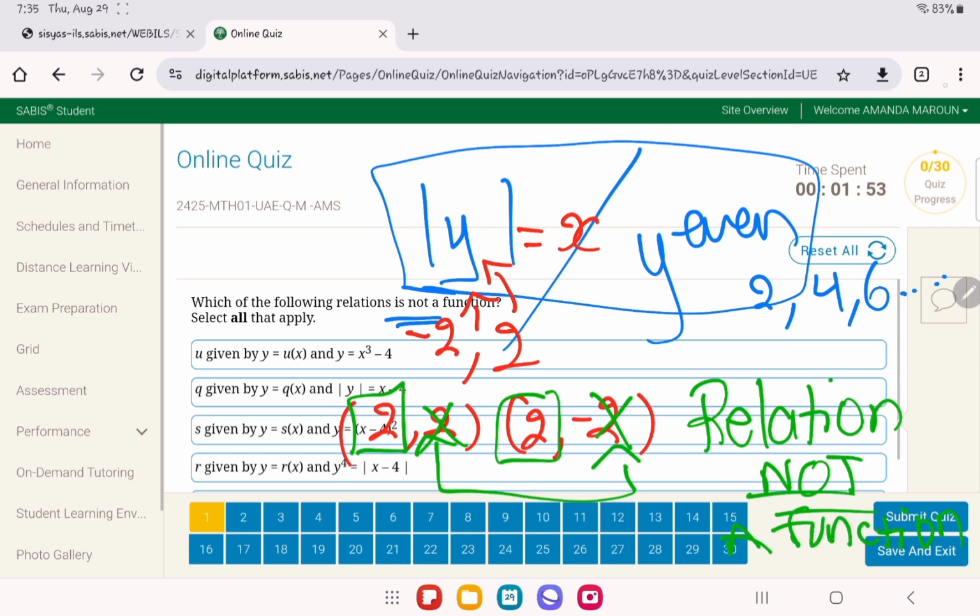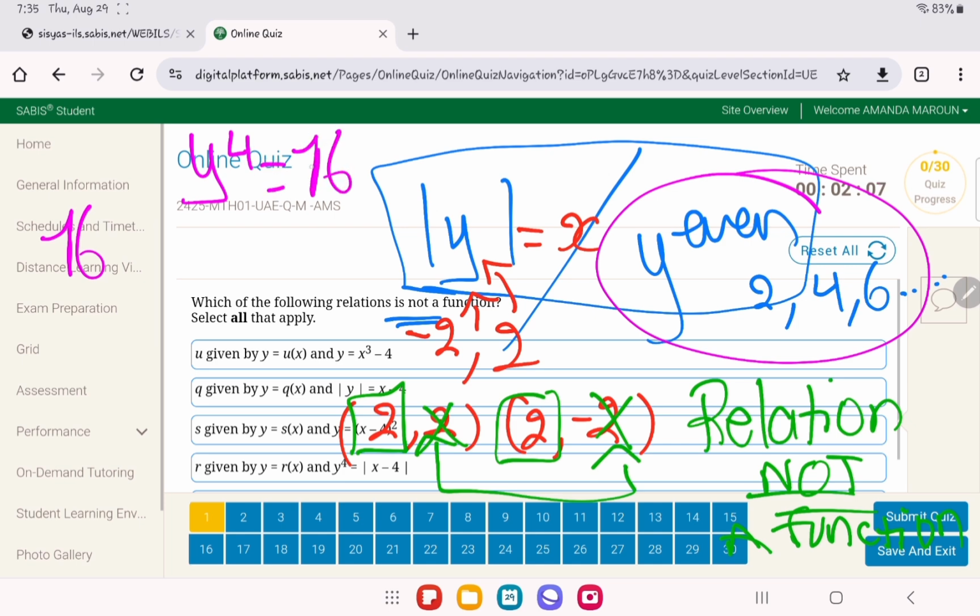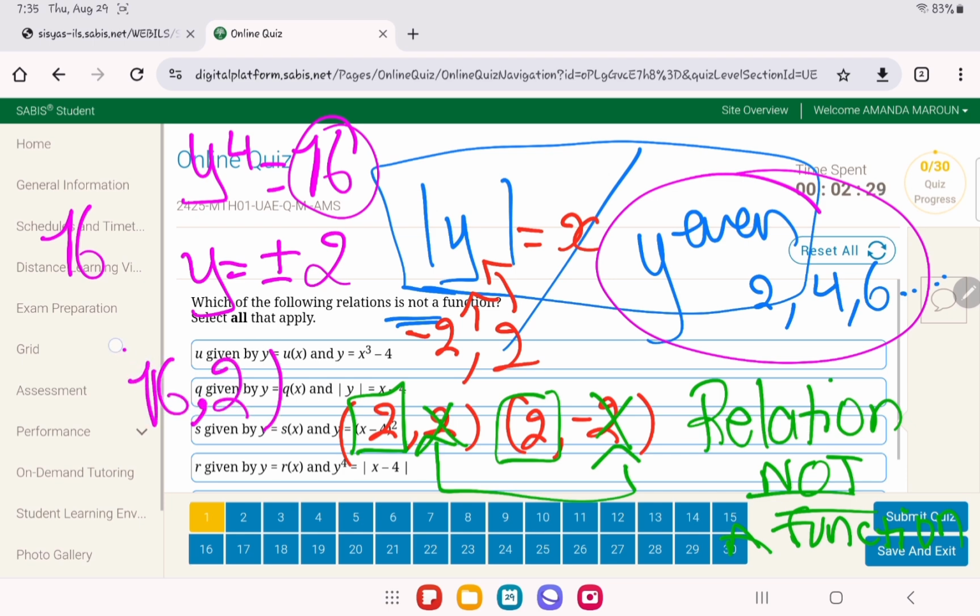Now, if we're talking about even exponents, let's take for example 16. So y to the power of 4 is equal to 16. Y could be either positive or negative 2. Okay? So we have 16 as our x, and as our y either positive 2 or negative 2.